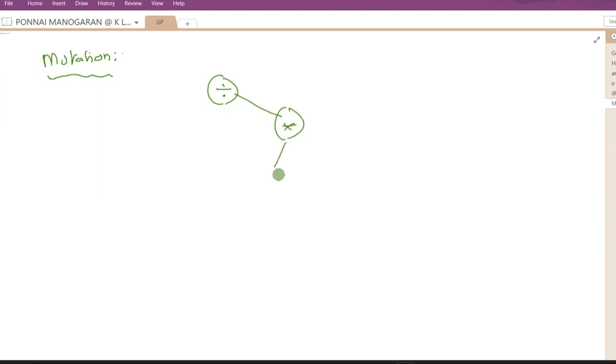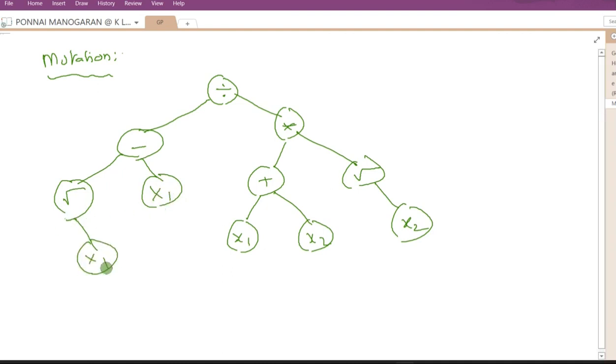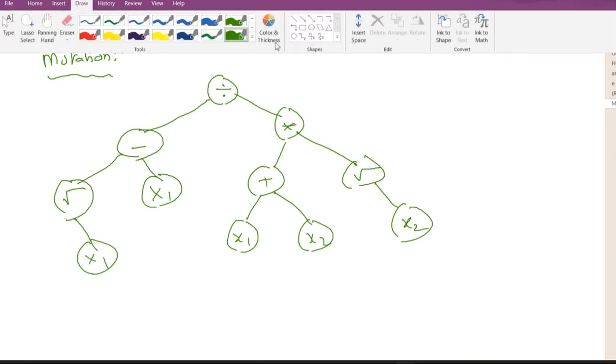It operates on a single parent. X2, X2, and then you can take, let us say for example, this is the parent I am having, X1, and then so this is the parent I am having.